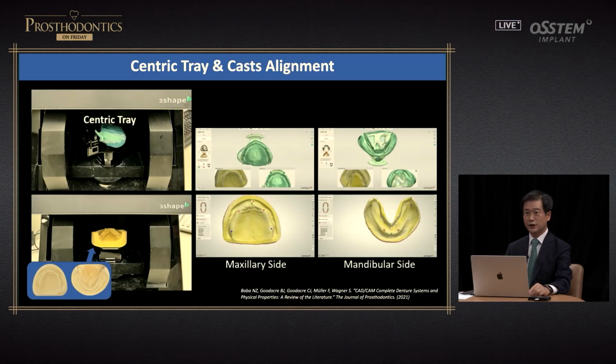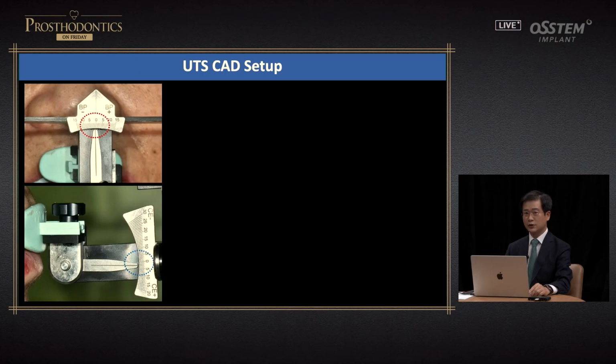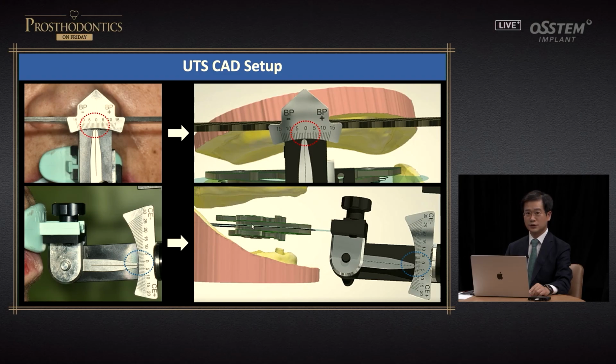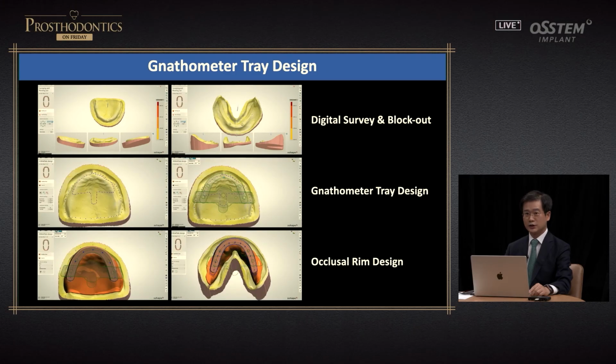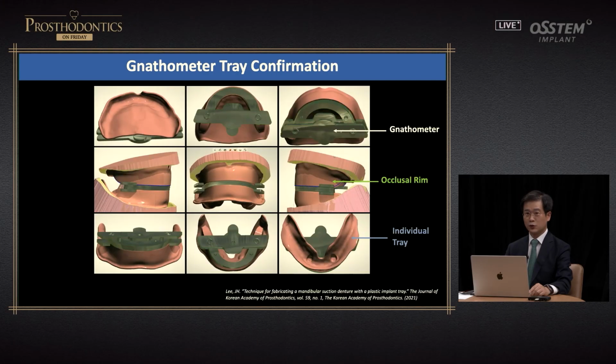Then I scan it, put the data in the CAD, and the horizontal or transverse data is put in and registered on the system. Now there's a metal resometer structure, and that is traced to get the CR bite.